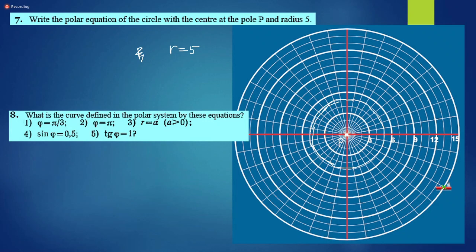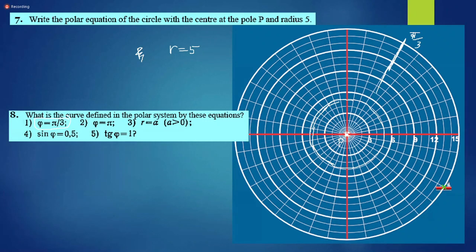Now, what is the curve defined by these equations? Phi equals pi over 3, that is, the angle equals 60 degrees. Okay, let's count. 60 degrees is there at this point, so we have pi over 3. So in principle, all the points where this angle is 60 degrees are on this half line.